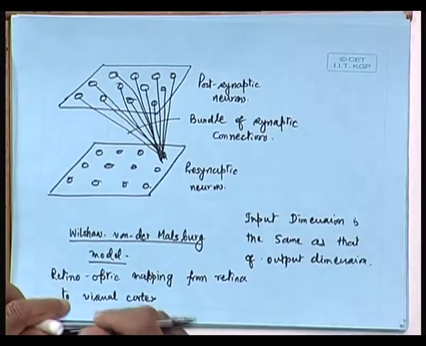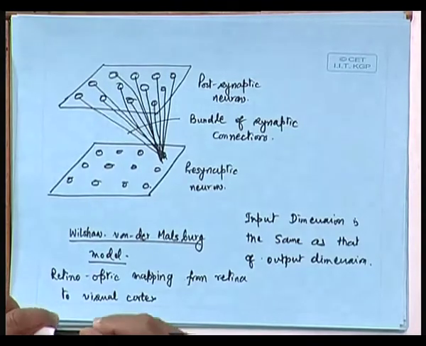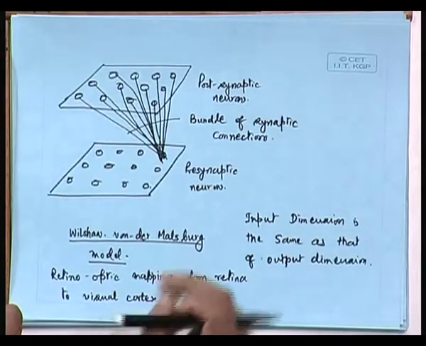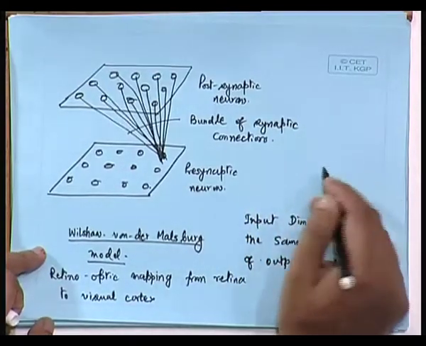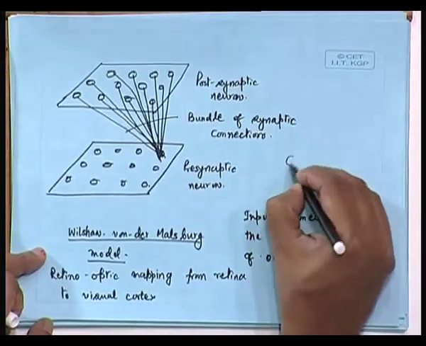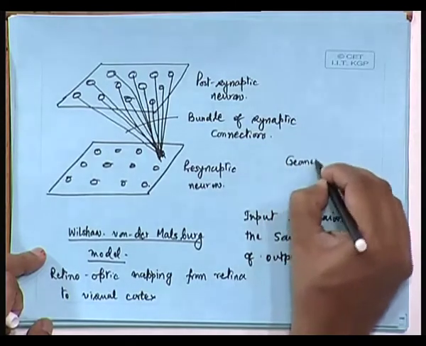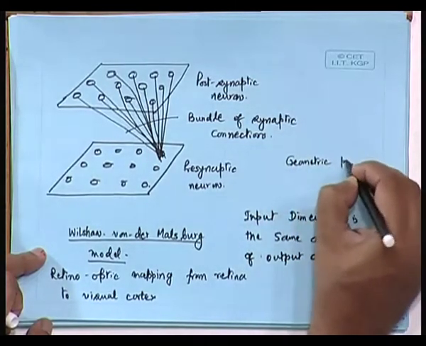Now, one point which should be noted here is that the basic idea of this Malsburg model is the geometric proximity of the presynaptic neurons. So, we have to consider the geometric proximities.